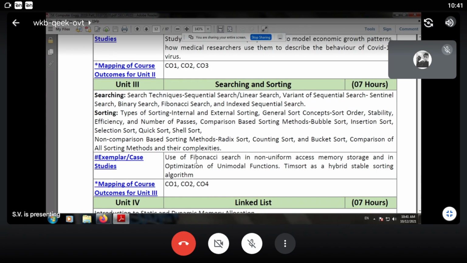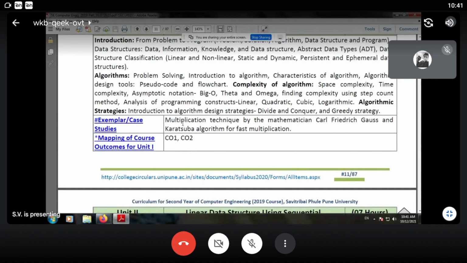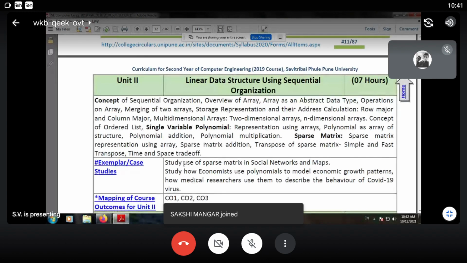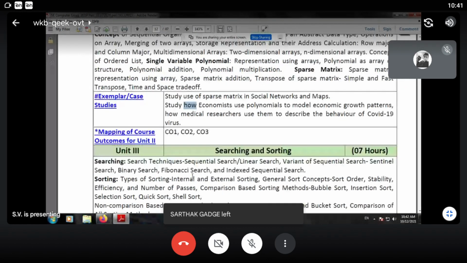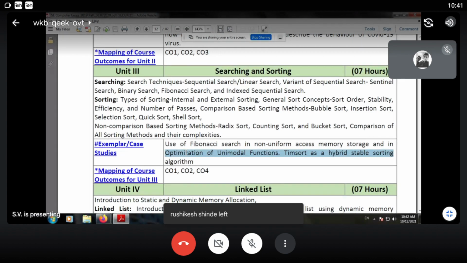We have 3 parts: case study 1, case study 2, in which there are 2 parts, 2A and 2B, and the last is case study 3. You can choose any one in the beginning and start, and prepare the presentation in groups. What is this group strategy?